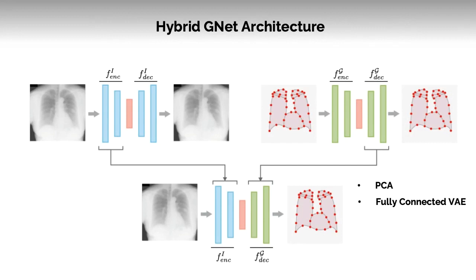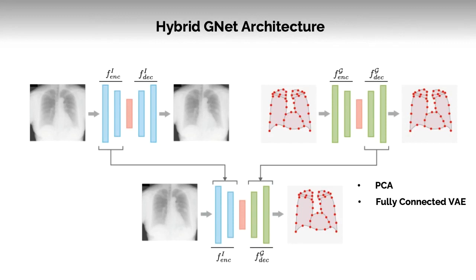Variational autoencoders will not encode a deterministic value for these embeddings, but will encode a distribution of values. Then I can sample from there and generate shapes that are anatomically plausible, because this was trained with anatomically plausible shapes. So the only thing that this model will know how to decode are anatomically plausible shapes.